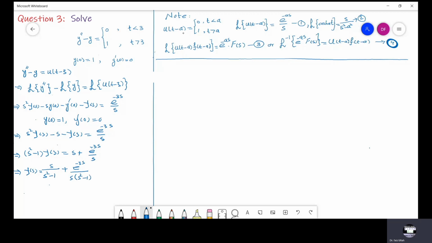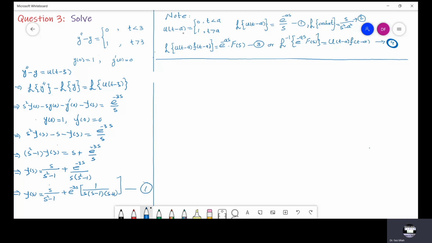Now it can be written as y of s is equal to s divided by s square minus 1 plus e power minus 3s, let us write it as into 1 over s into s minus 1 into s plus 1. Let us say this is our equation number 1.